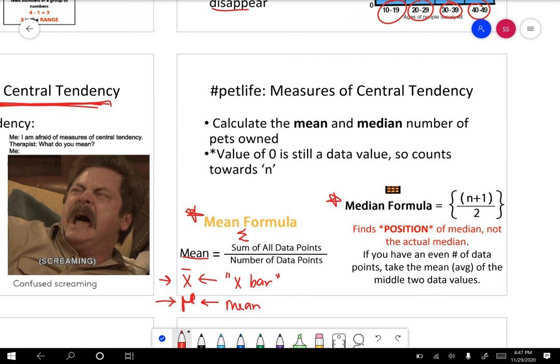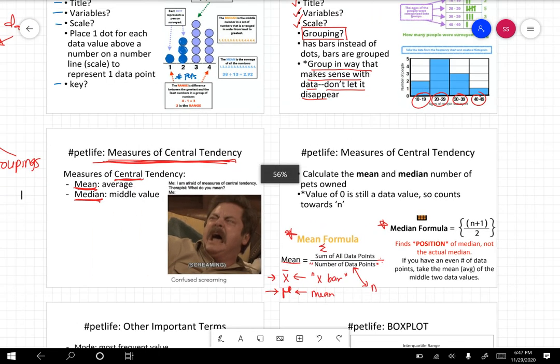So the sum of all the data points divided by, so that line means divided by, the number of data points. And the number of data points, this phrase right here, is usually represented by the letter N. So if you ever see N, that just means the number of data points. So let's go over to our data and calculate this mean.